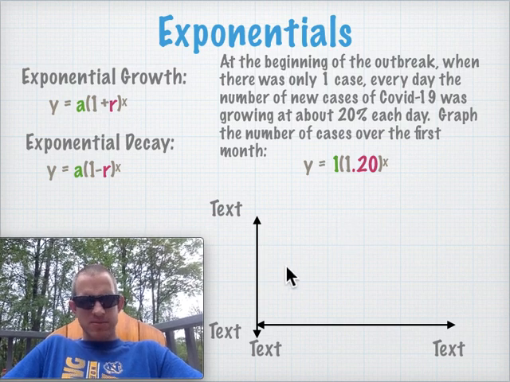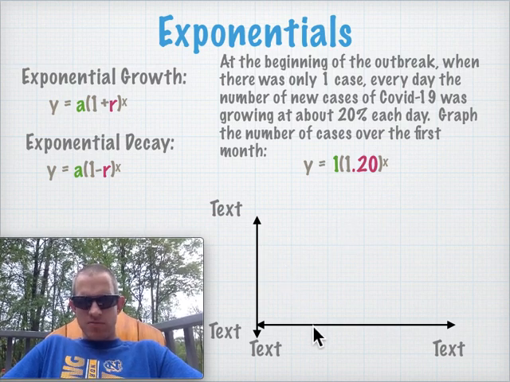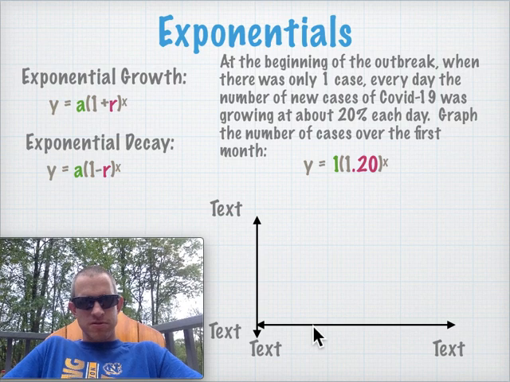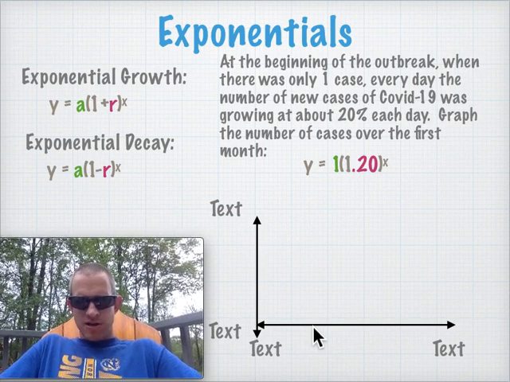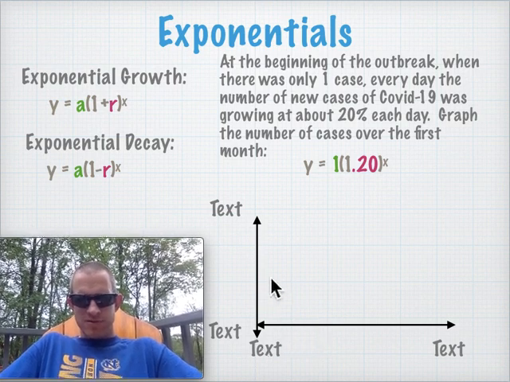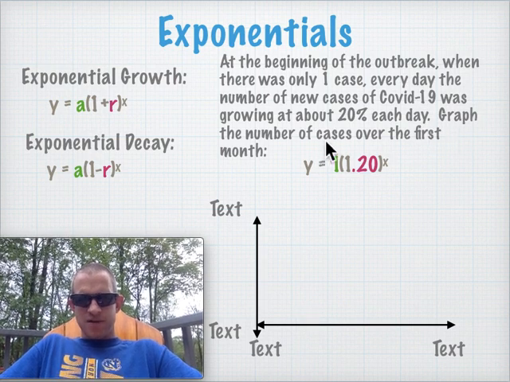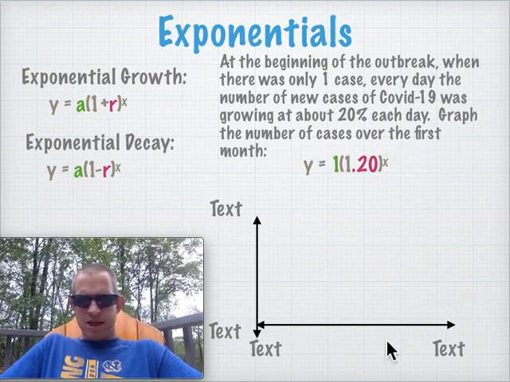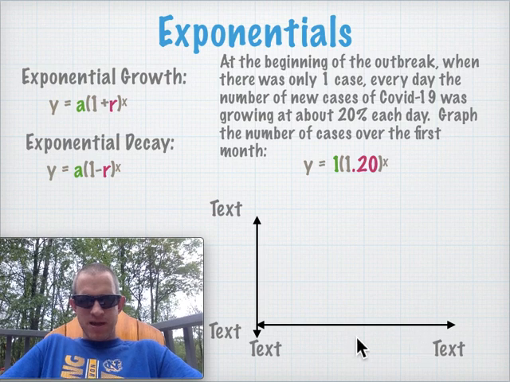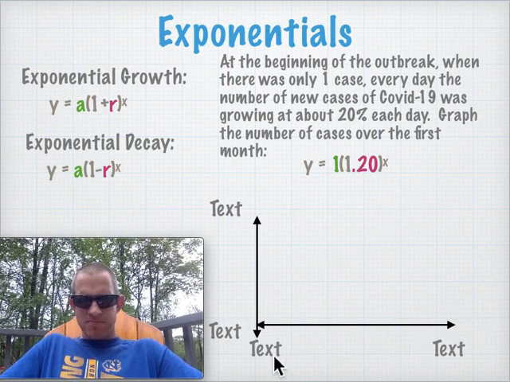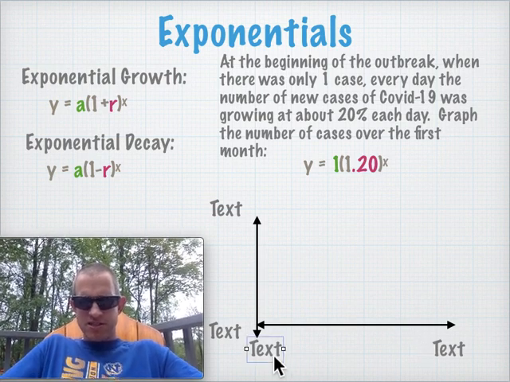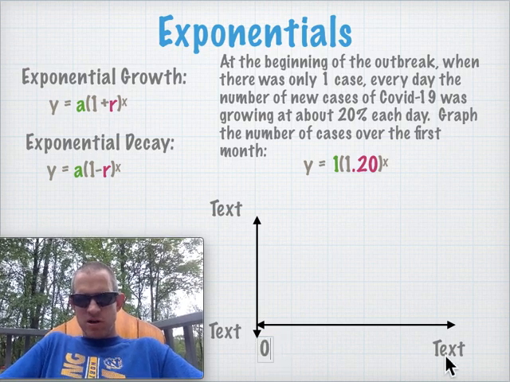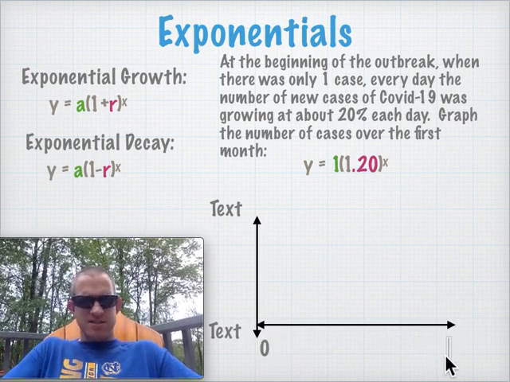We also need to think a little bit about the window settings. And so window settings were an important thing that you learned this year. And so here is a kind of a pseudo graph here. I want to graph the first month. And so x is the unit of time. And I think in this case, we should go maybe starting at 0 and going the first 30 days.